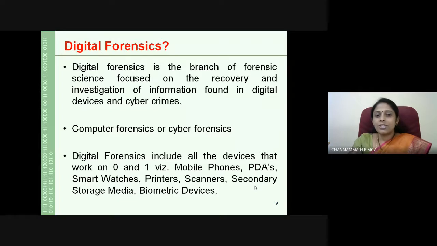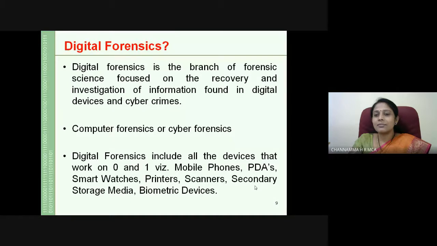Digital forensics includes all the devices that work on zeros and ones. Once we hear the word digital, digital devices come to mind: the digital camera, our mobile phones, our computers, our digital watches. Everything now we use is digital.